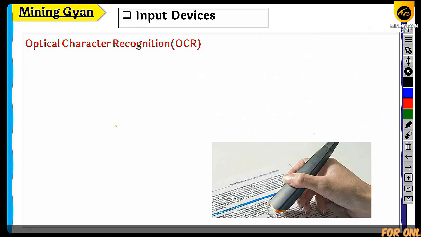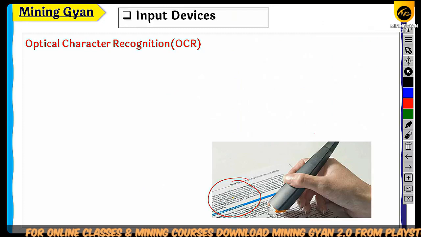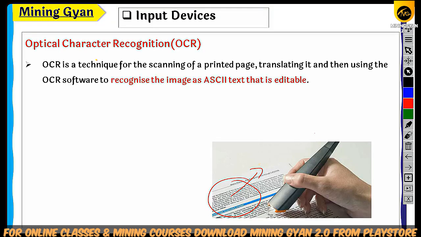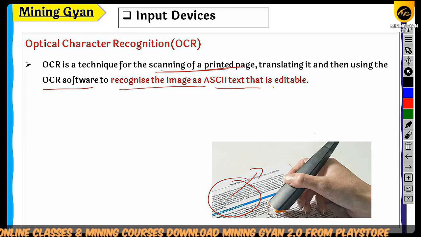Now the next one is optical character recognition, which is called OCR. Basically OCR is the technique of scanning a printed page, translating it, and then using OCR software to recognize the image as ASCII text that is editable. If you have any kind of data on paper, then by using OCR you can convert it into digital form, ASCII code or text.